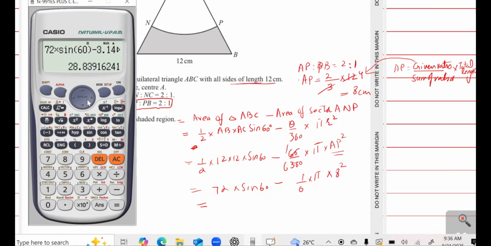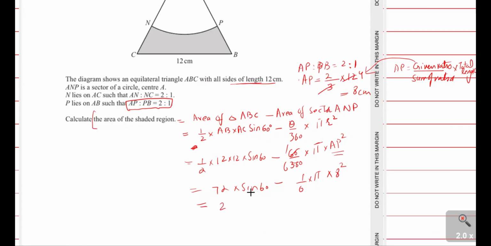The answer is 28.83. Therefore, this value equals 28.84 centimeter square is the answer.